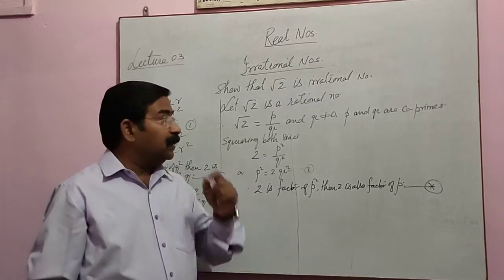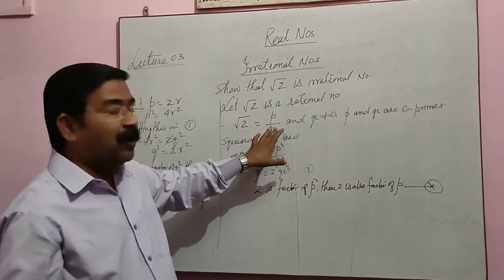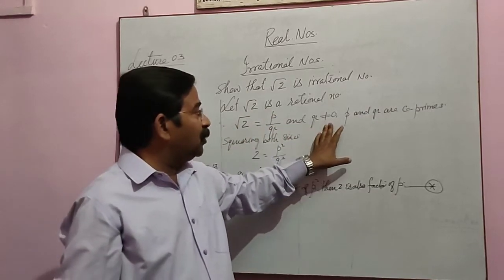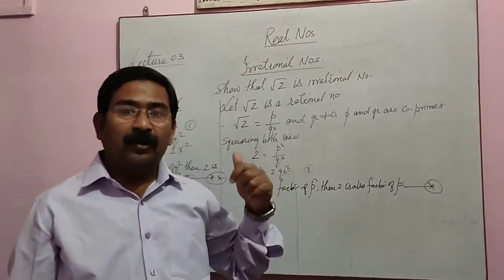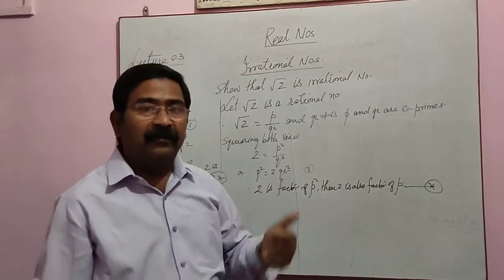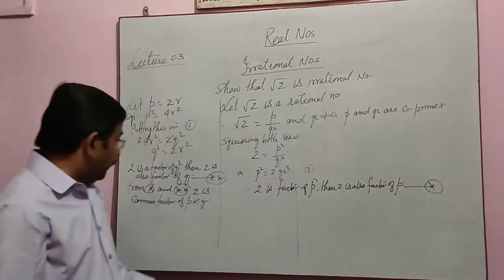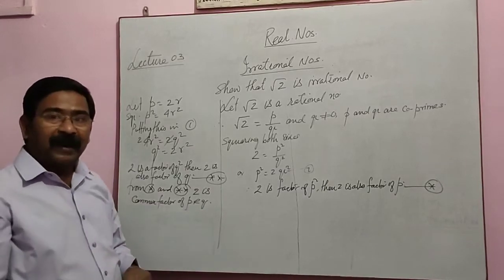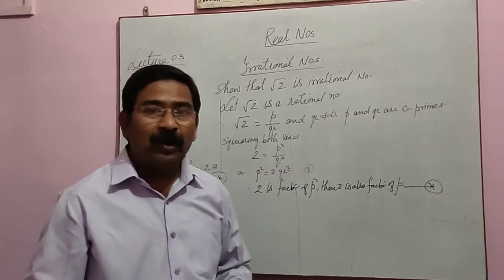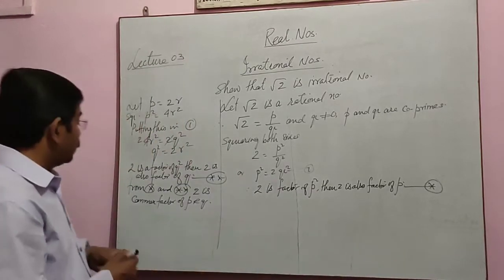A number which can be written in form of p upon q, q is not equal to 0, p and q are co-primes. P upon q is rational number if and only if p and q are co-primes. Here we have 2 is factor of p and q. So can you say that p and q are co-primes? Of course not.